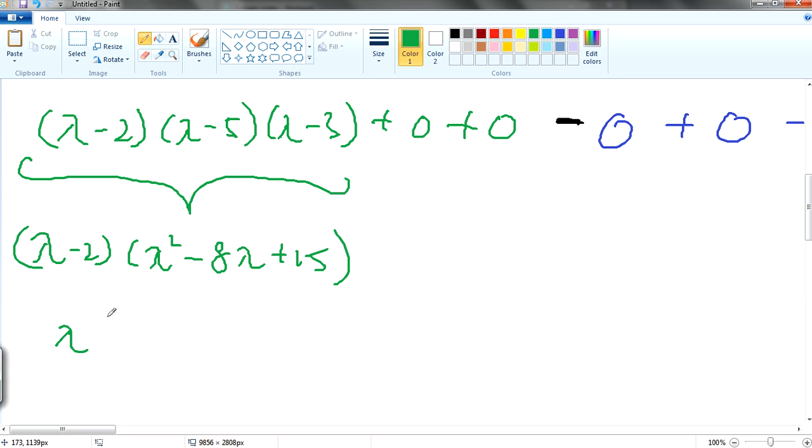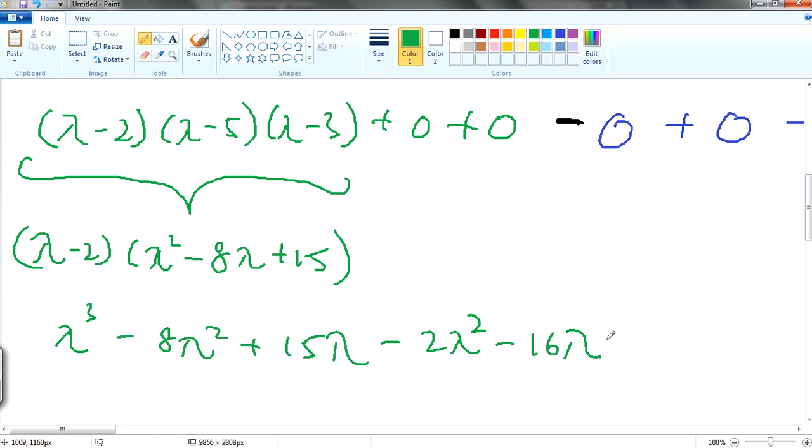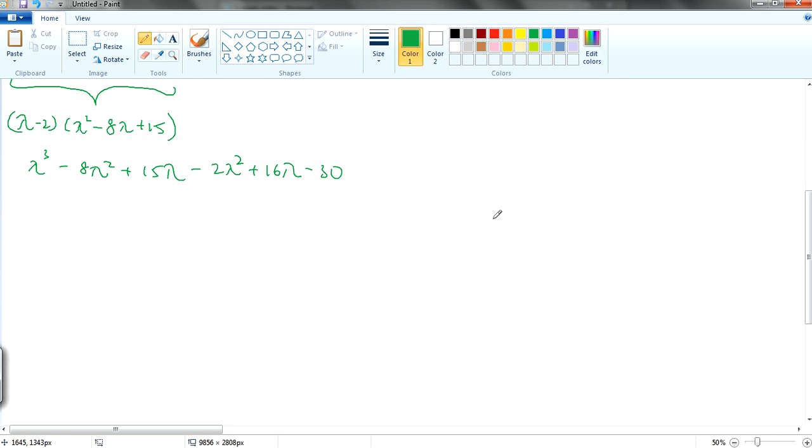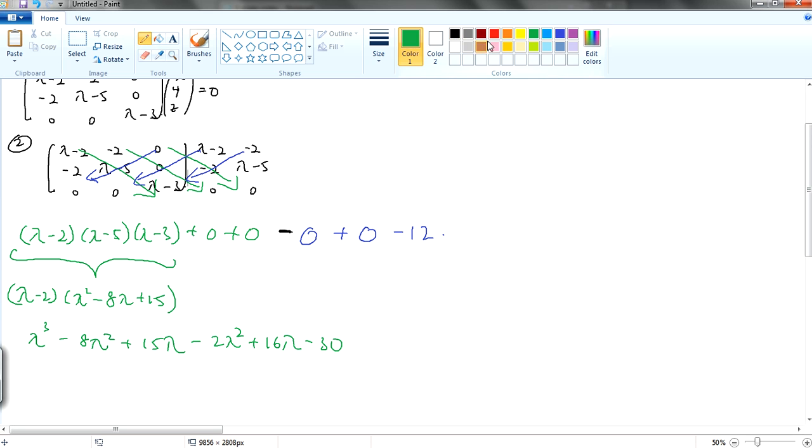So we have lambda cubed minus 8 lambda squared plus 15 lambda minus 2 lambda squared minus 16 lambda, minus 2 times minus, plus 16 lambda. Yes, have to be very careful. Minus 30, and then now you minus. Minus 12 is plus 24.